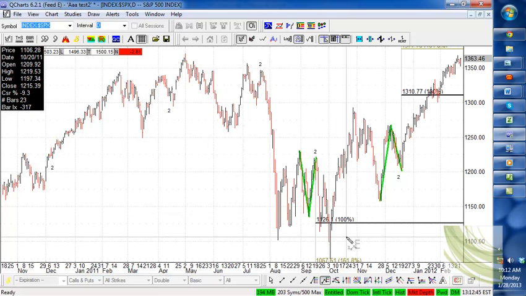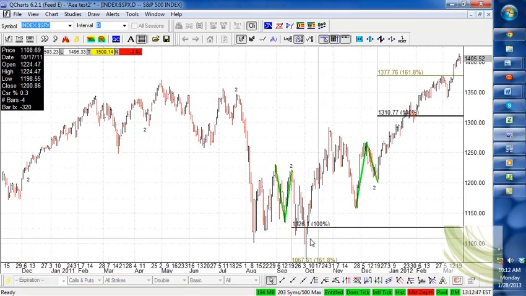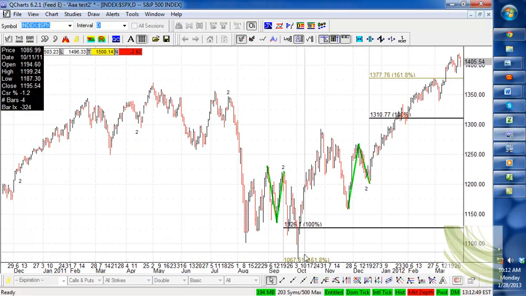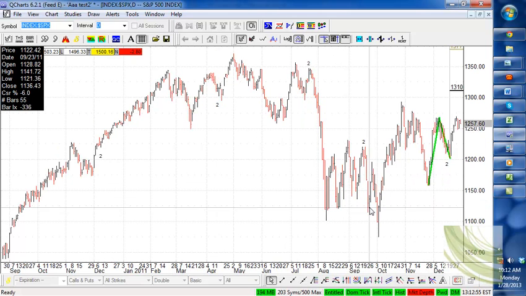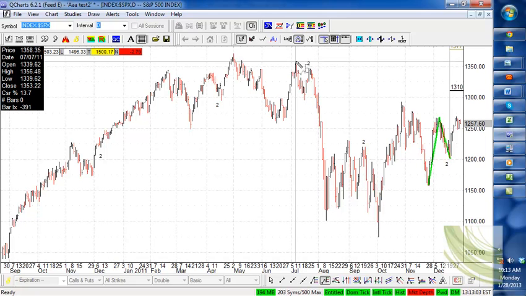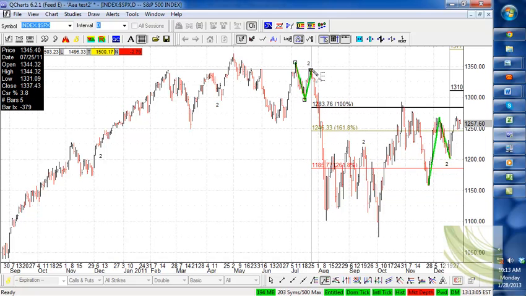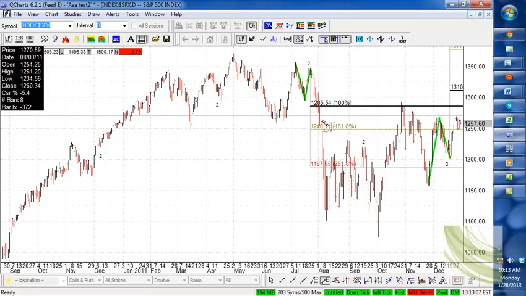Made it to the 100%, and one close beyond, and then didn't make it to 1.618. Here, here, here. 100%, a couple of closes beyond. One past. It just couldn't stop.